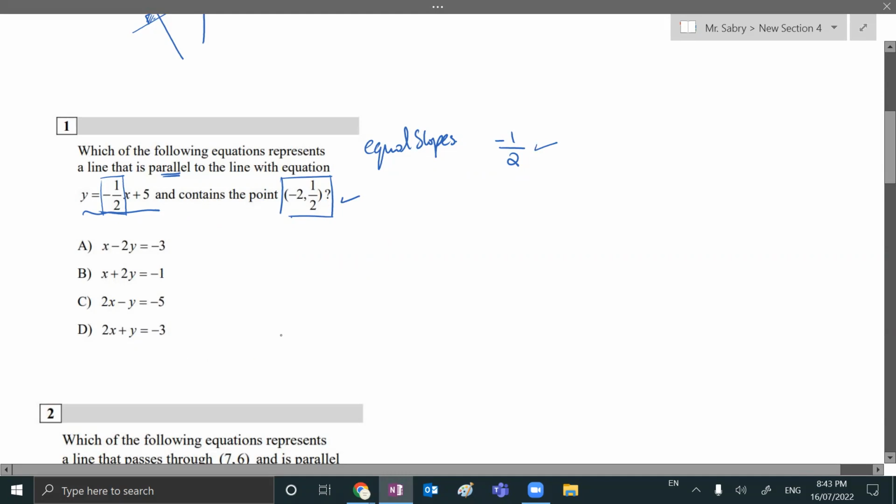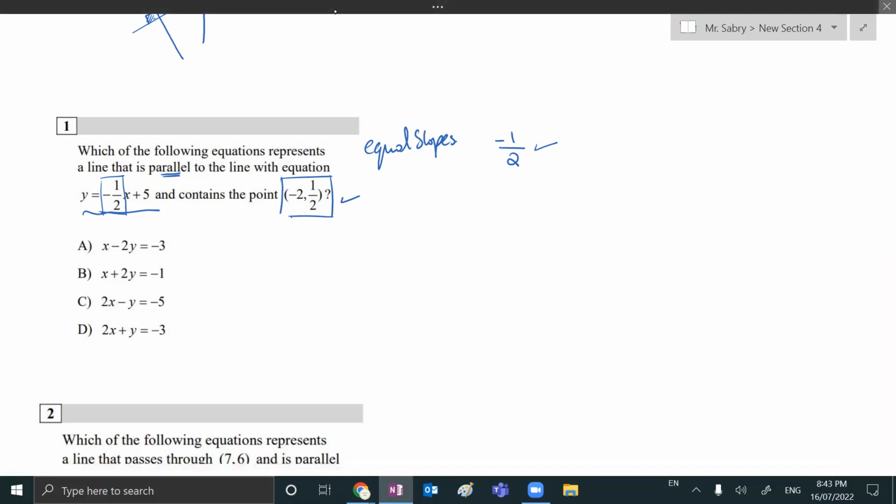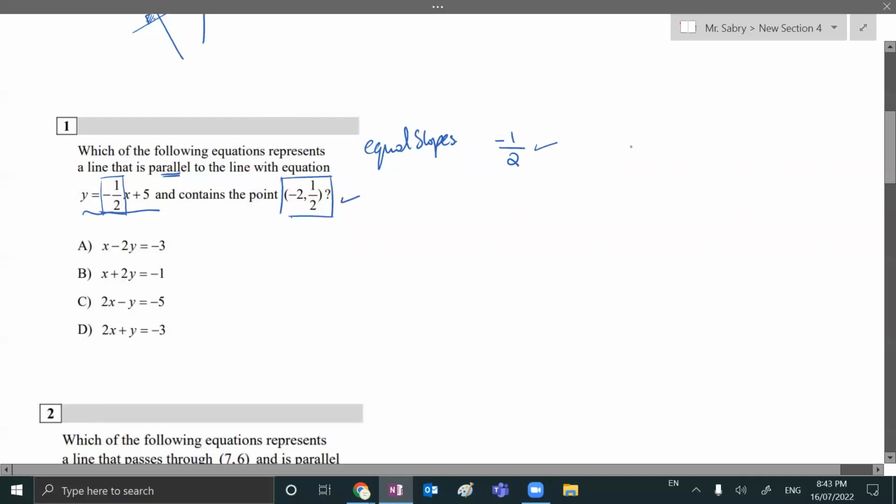But when you look at the choices, they're all written in the standard form. And if you remember, the standard form is ax plus by equals c. We said in order to get the slope in this form, we do negative a over b, and in order to get the y-intercept, we do c over b. So that's what we're going to do in each of the choices. For choice A, the slope is negative 1 over this number next to the y, which is negative 2.